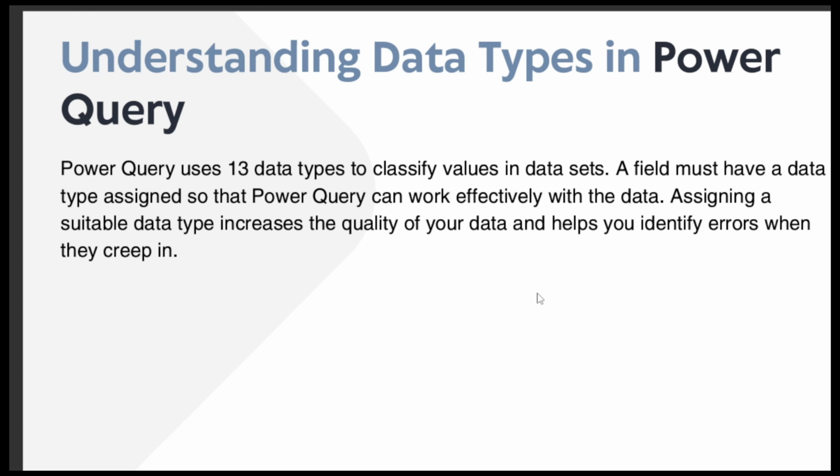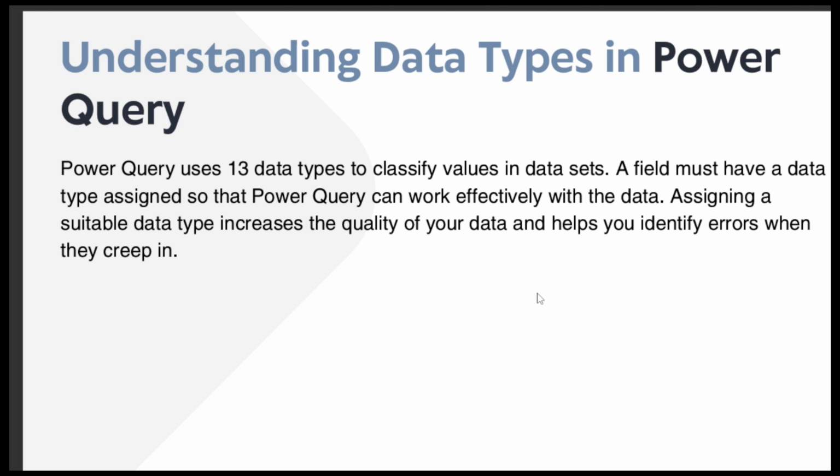Now let us understand the different data types which are available in Power Query. Power Query uses 13 data types to classify values in a dataset. A field must have a data type assigned so that Power Query can work effectively with the data.